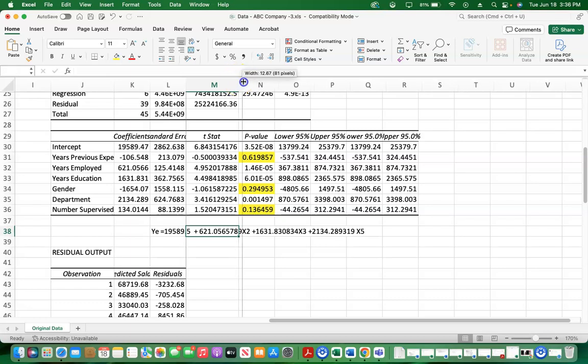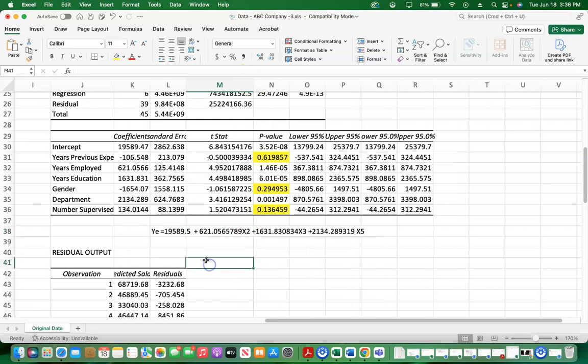So salary can increase by this slope when x2 changes per unit, holding other factors constant. And this is the years employed. So a year employed in this company will add this amount to your salary, holding other factors constant.